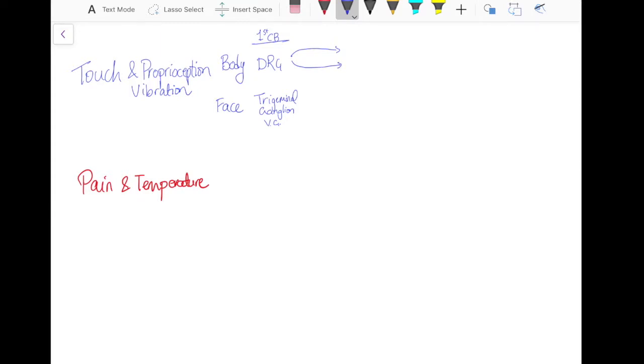So for the arms, it's fasciculus cuneatus, and for the legs, it's fasciculus gracilis. The way I like to remember is we touch the grass with our feet, so that will be everything below T6, and everything above T6 is fasciculus cuneatus.